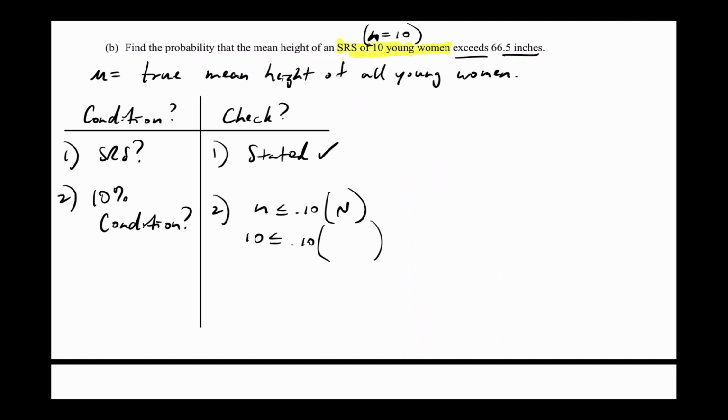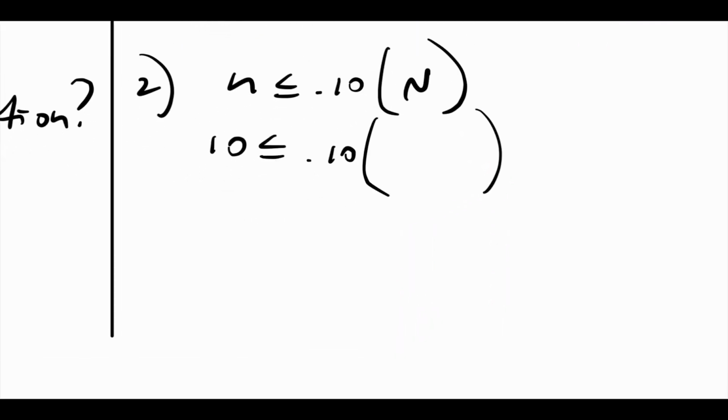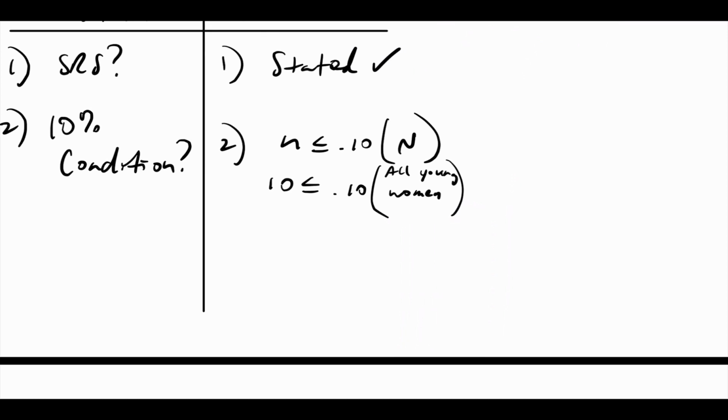Again, I don't have a number for big N, but what would I put there? All young women, yeah. And I can pretty much guarantee you that's going to be true. I think there's more than 100 young women in the world. Pretty sure.